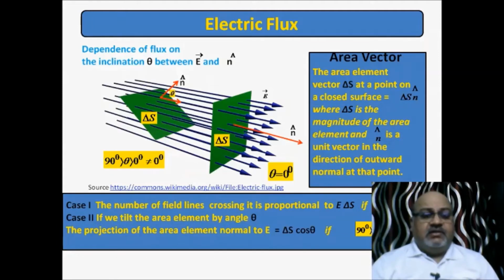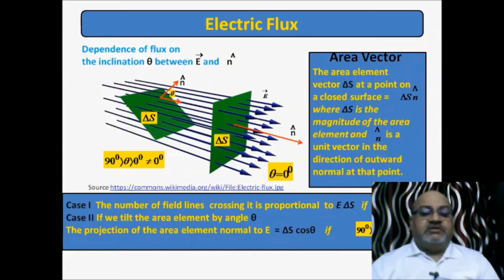Here again, the area component which is perpendicular to the electric field in the second case is delta S cos theta. So the area element perpendicular to the electric field intensity will be delta S cos theta.